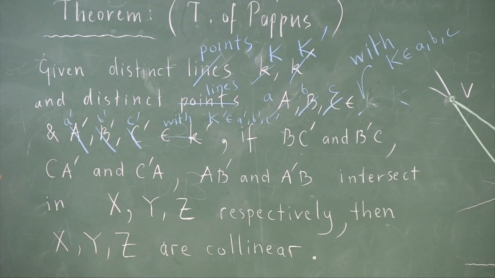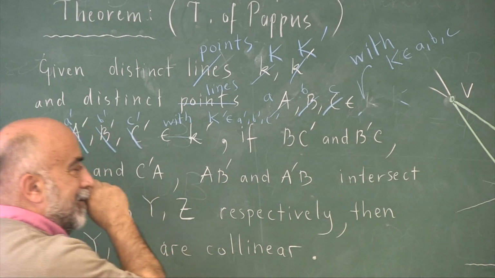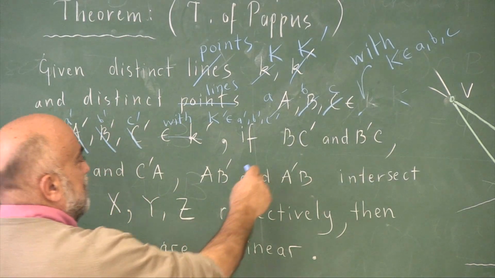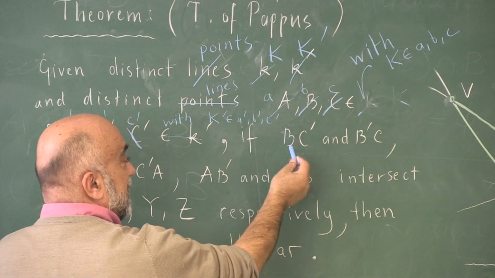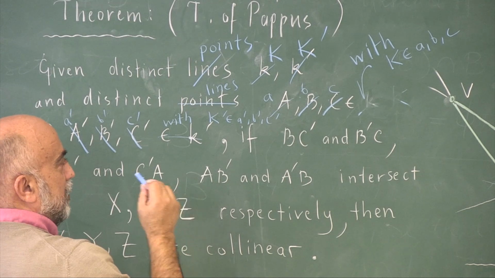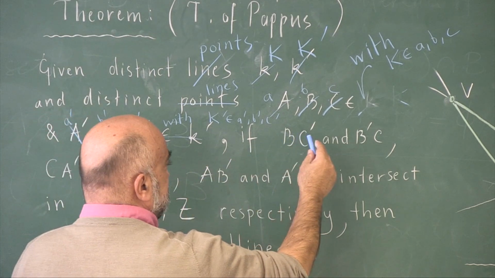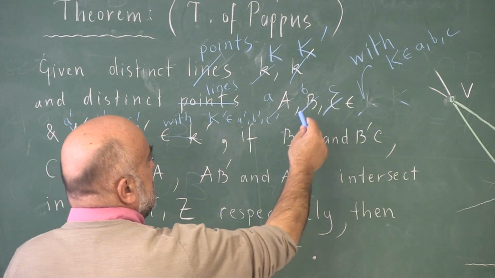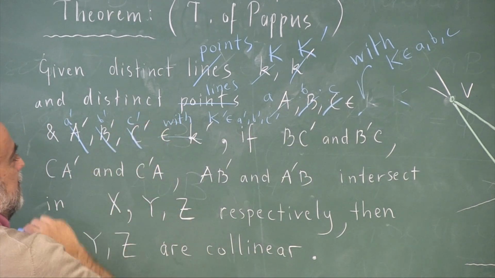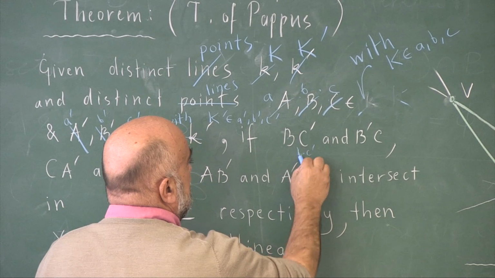Okay, now this is getting difficult. If B, C prime, and B prime, C, now how are you going to do that? Well, instead of the line BC prime, you will take the point obtained by intersecting line B and line C prime. So you can write it as B C prime if you like.